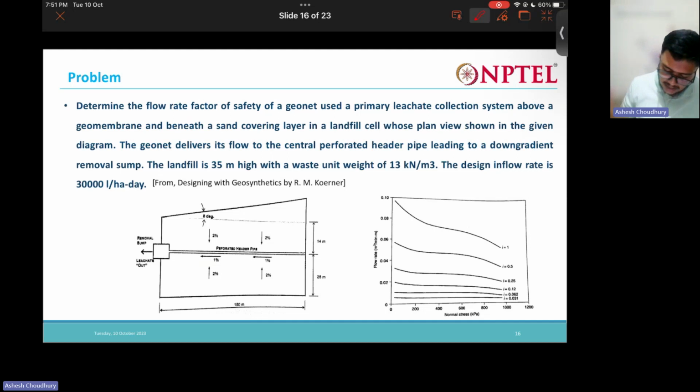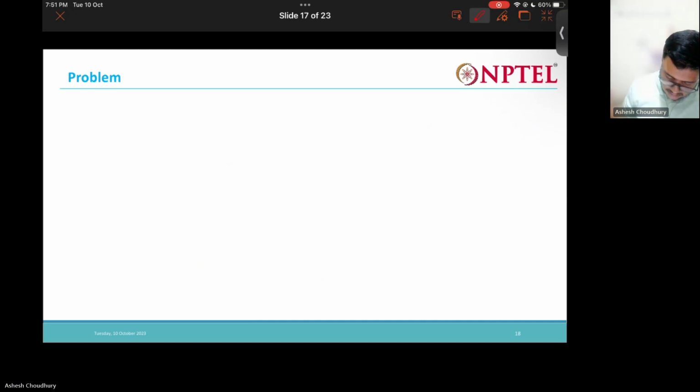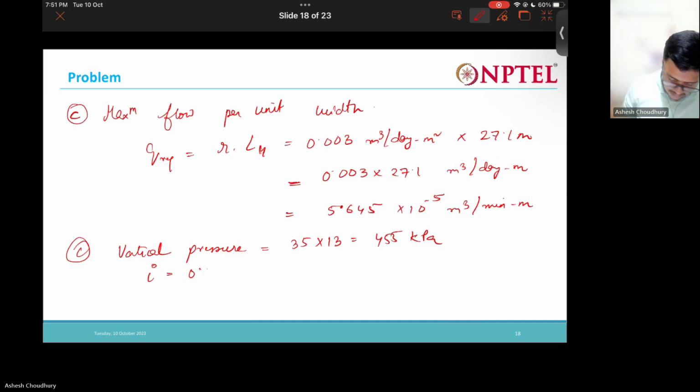from this graph, we can get the Q ultimate as meter cube per minute per meter. Okay.